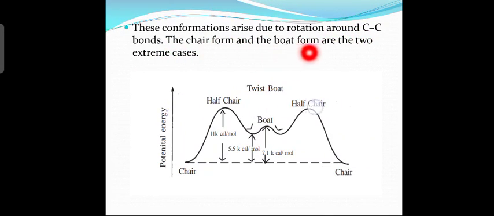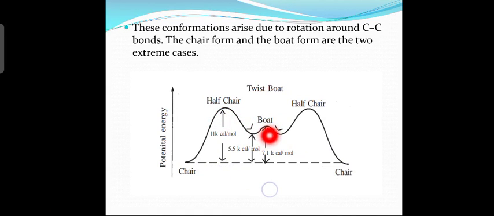The chair form and the boat form are the two extreme cases. If you draw the graph with potential energy along the y-axis, the chair form has the lowest potential energy, which means it is more stable. So chair forms are more stable, with low potential energy. What about the half chair? High potential energy, which means less stable, correct.